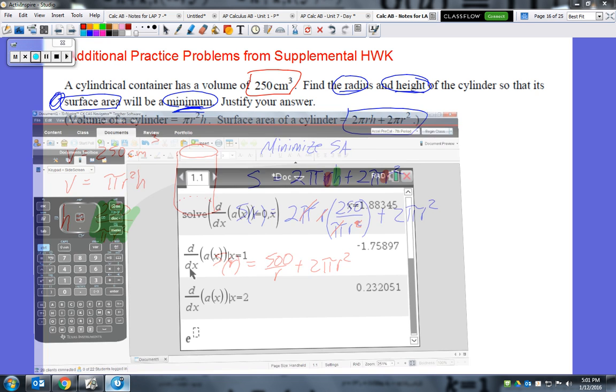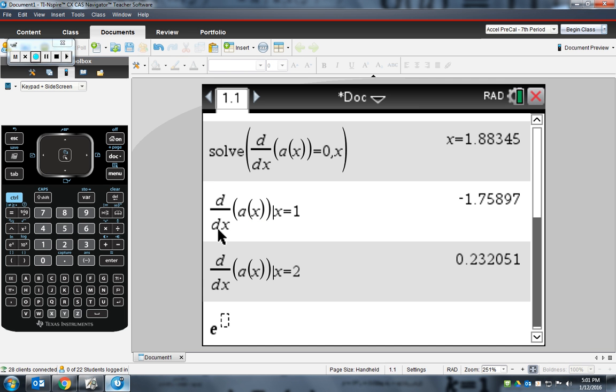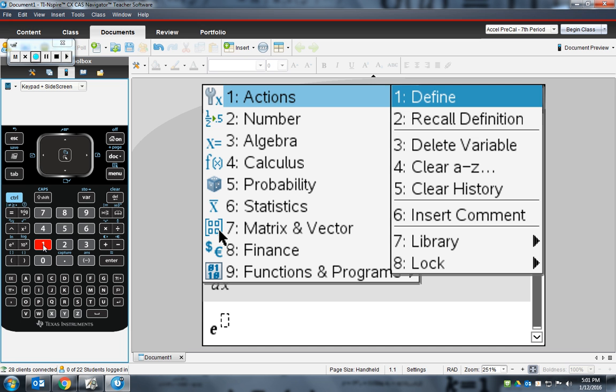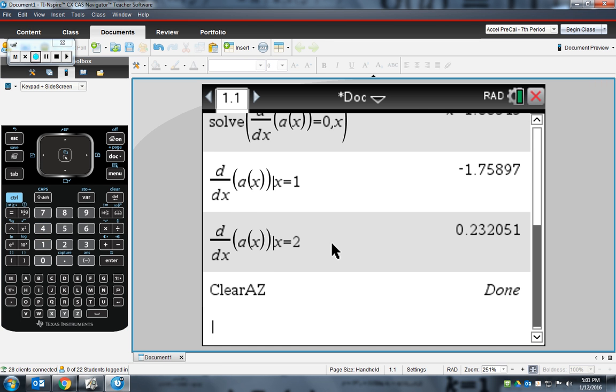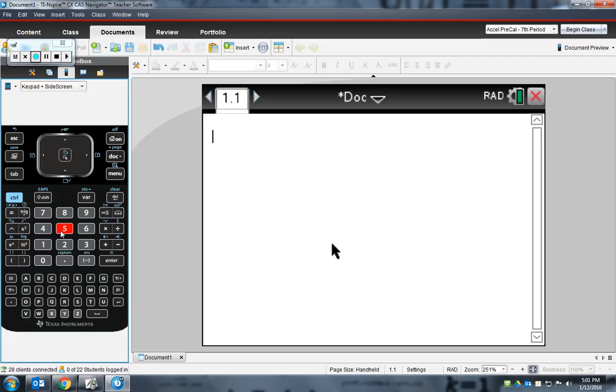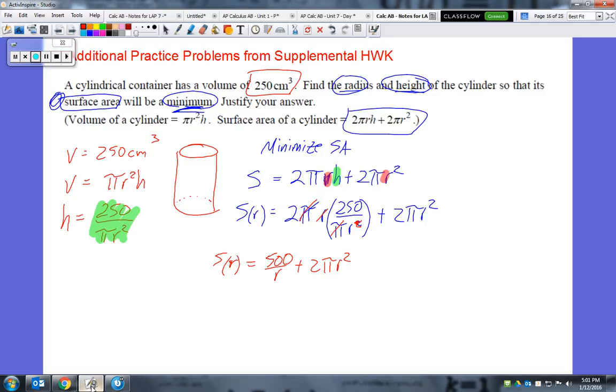So immediately I'm going to go to my calculator. Okay, let's clear the problem that we've done before. So menu 1, 4 to clear A to Z. This clears all the storage. And now menu 1, 5 to clear everything that we have. So we're going to find the critical points of s prime of r, the critical points that would set this derivative equal to 0.